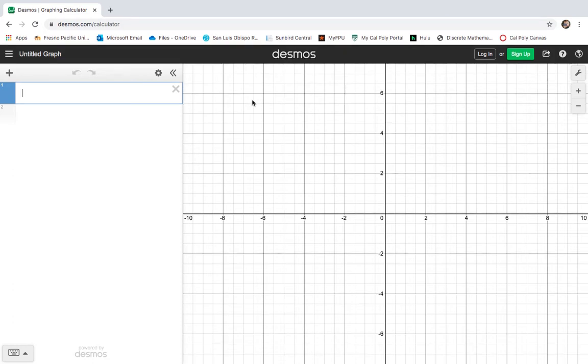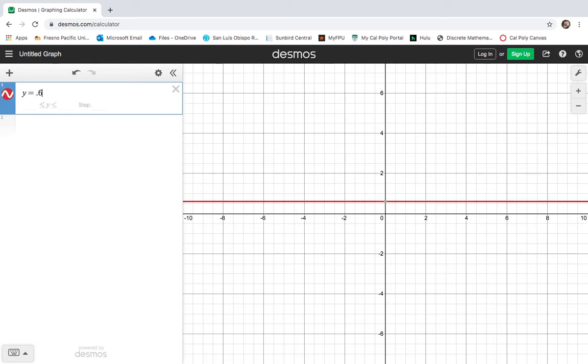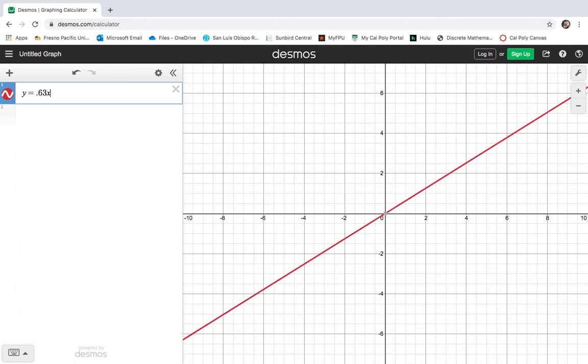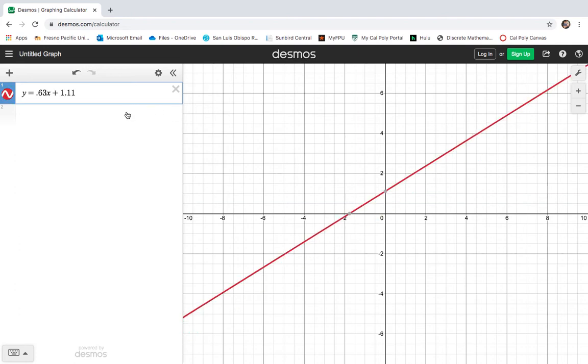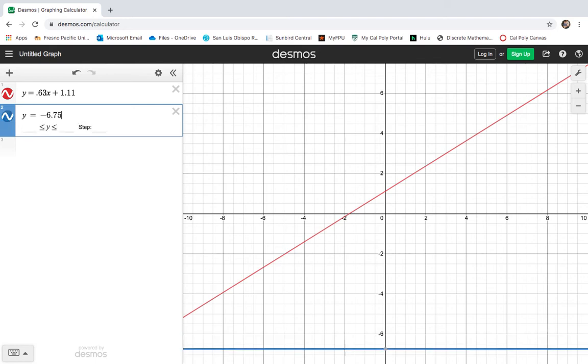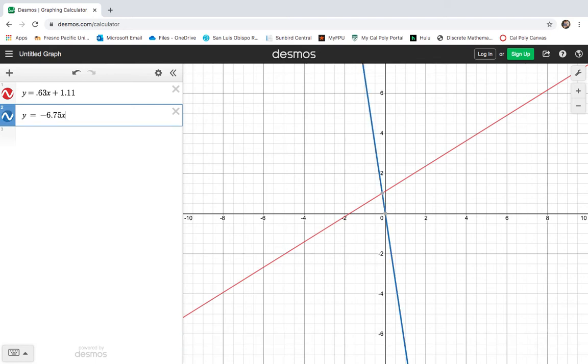Okay, so we're going to go ahead and graph our system of equations here on Desmos. So I have y equals 0.63x plus 1.11, and then I have y equals negative 6.75x plus 3.31.